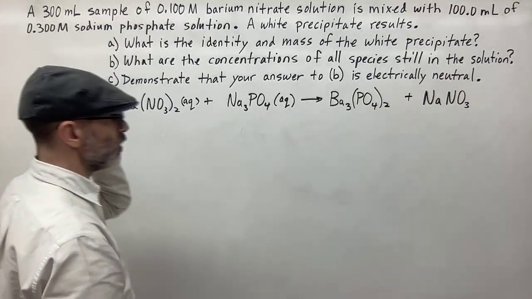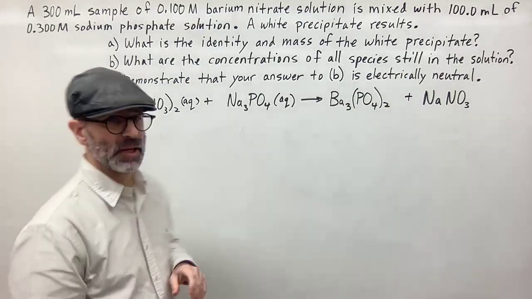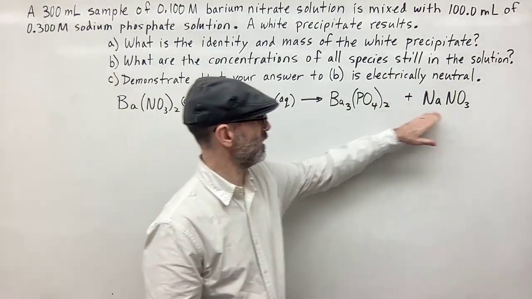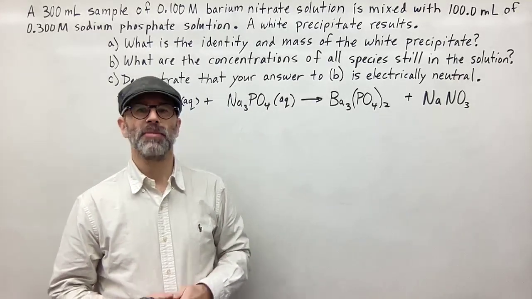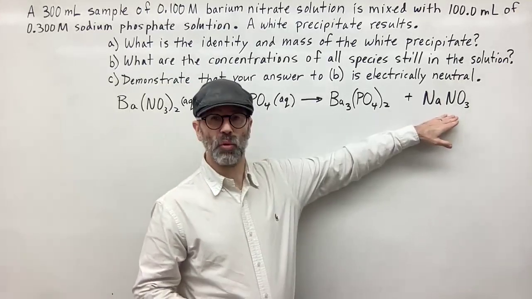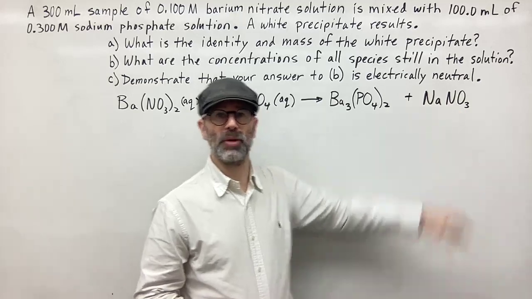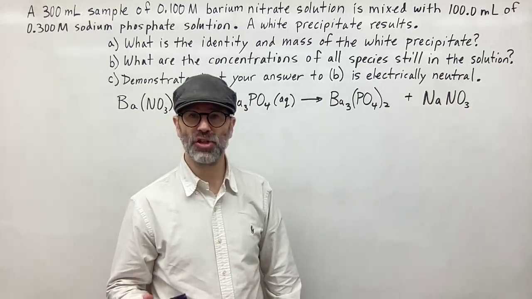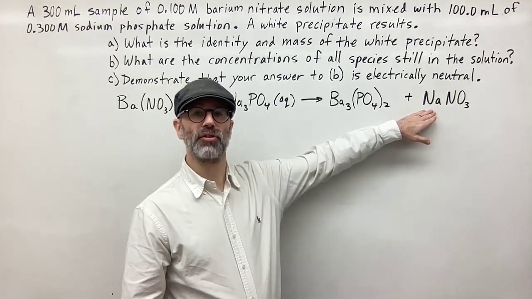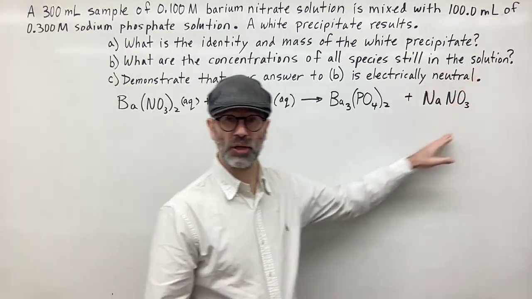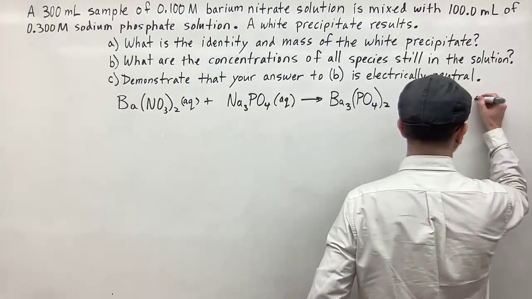Okay, so we're told we have a precipitate. So we need to figure out which one of these forms a solid. So you need to know your solubility rules. Right away, one of the first rules that you know from your solubility rules is that all nitrates are soluble, all group 1 metals are soluble. So this is soluble. That's going to be aqueous.